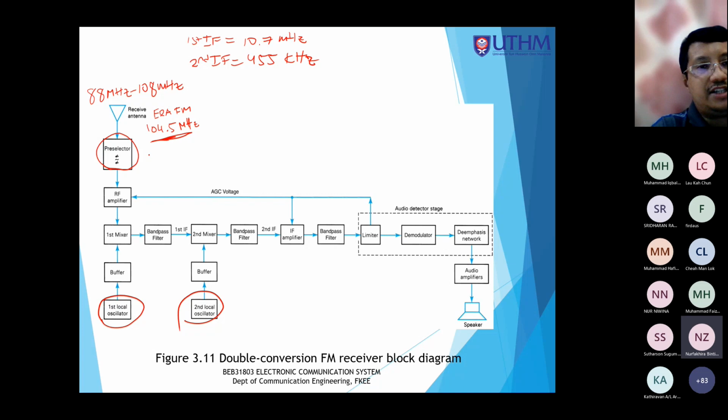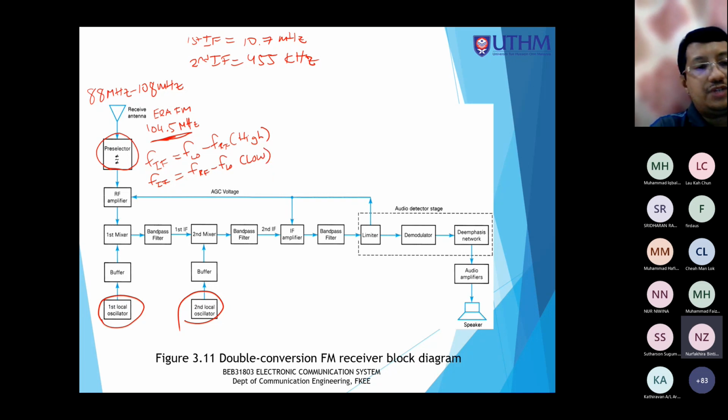If you use high side injection, we can find the FIF equal to FLO minus FRF. And if the local oscillator is lower than the input RF, we find the FIF equal to FRF minus FLO. This is for low side injection.